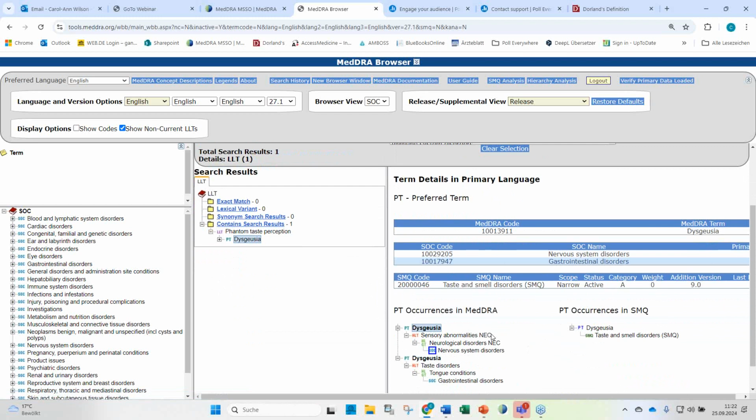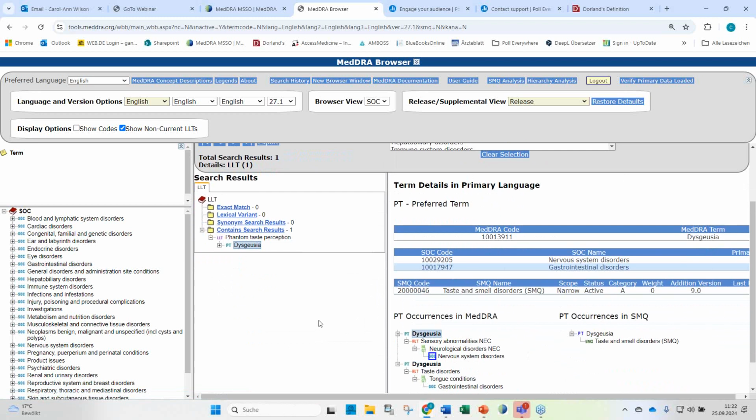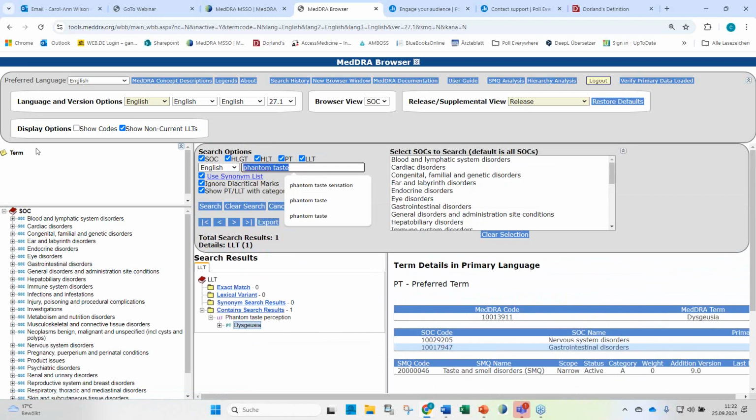But this refers to a situation where a patient experiences a taste sensation in the absence of any actual taste stimulus. This is actually what is reported, but this term would not capture the fact that the patient tastes music. It would not capture that this phantom sensation is accompanying a real auditory perception. And the next one, hallucination gustatory.